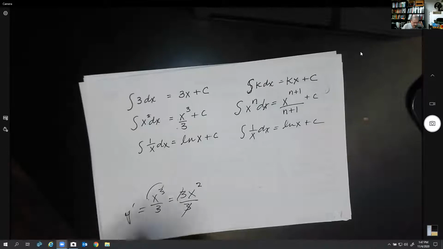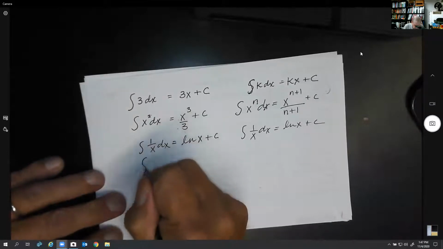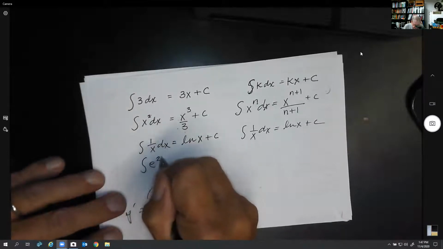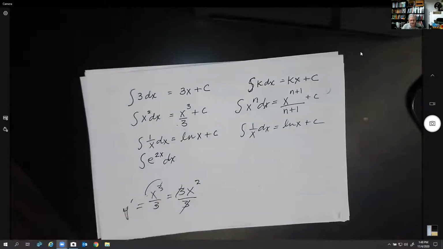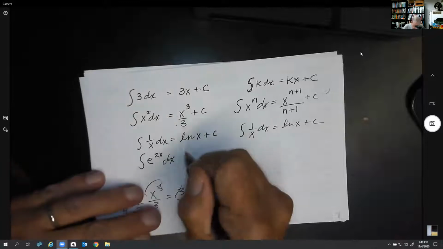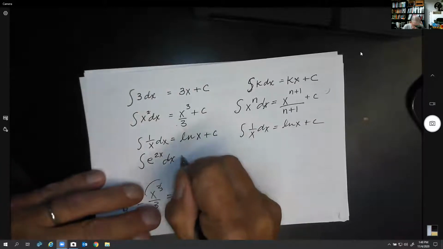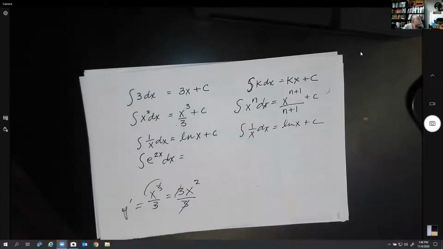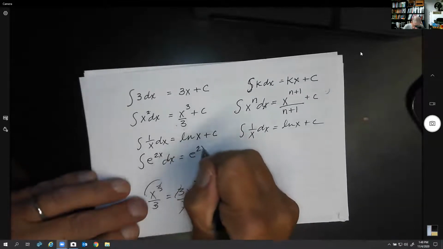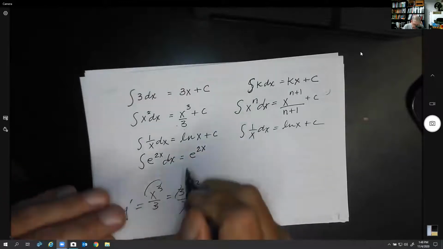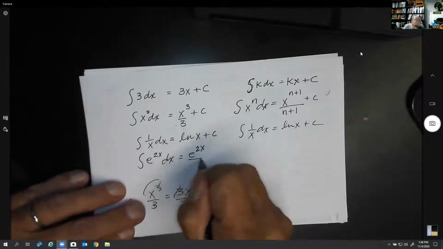Okay, what if we had the integral of e to the 2x dx? Something with e in it. This is equal to e to the 2x. It's equal to itself, but it's kind of like the chain rule, over 2.